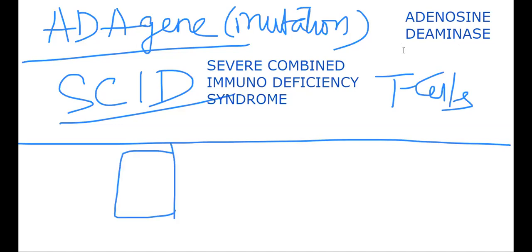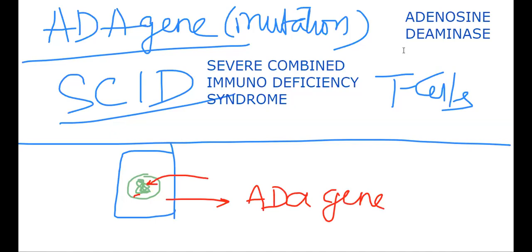In the patient, the nuclear material or genome has this defective gene. By using the viral vector, I am introducing that gene somewhere else. Then the cells will be introduced into the patient's body, and after that it starts production of the gene product, adenosine deaminase, and he becomes normal. Okay, this is how the story ends.